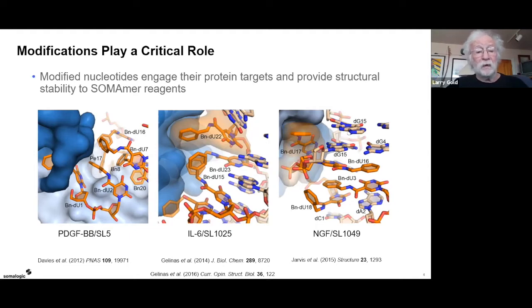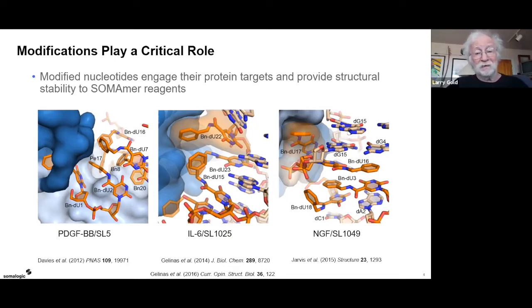Little motifs that you never would have believed were going to be there. So this is not just additional base pairs, as people are also doing, but really using oligonucleotides to create new shapes and new motifs that you wouldn't have ever believed could happen.